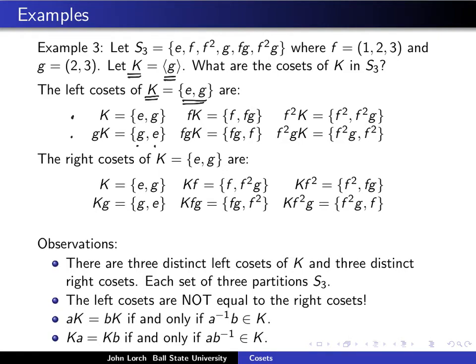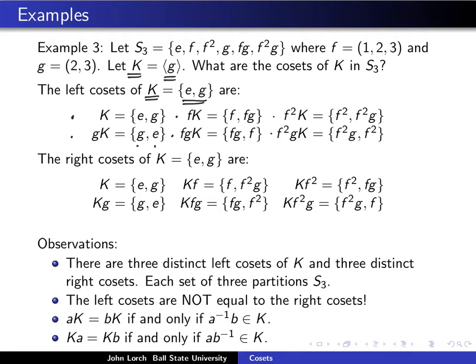And then we come over here to the middle column and take FK. There we're taking everything in K and multiplying on the left by F. And that gives us F and FG. And likewise, this left coset gives the same thing. And then we just continue to compute left cosets, and we wind up with these sets.